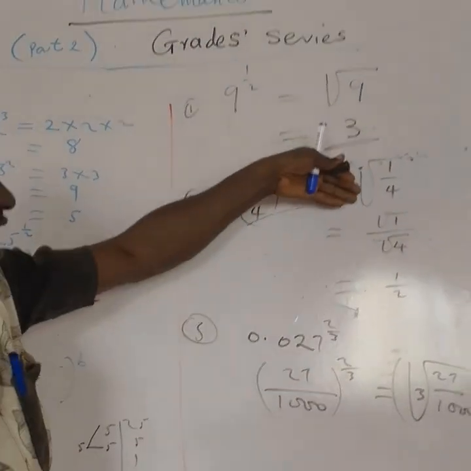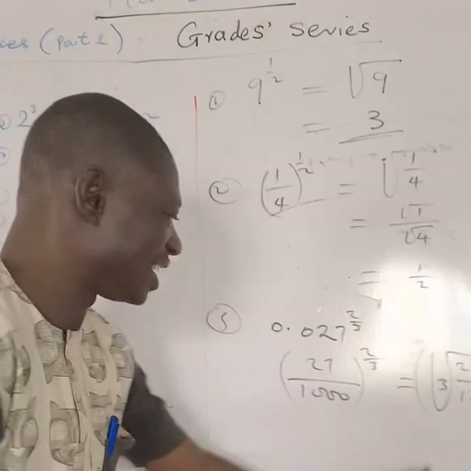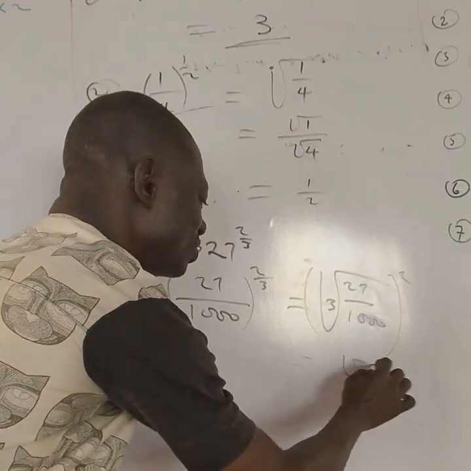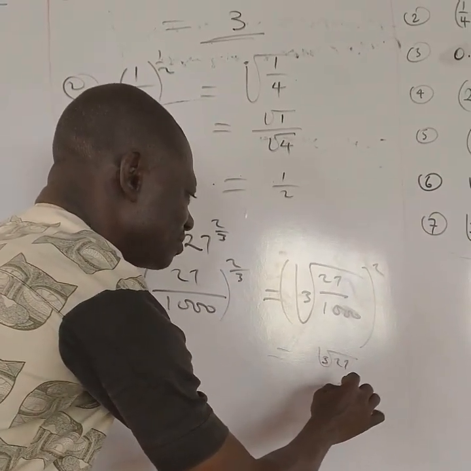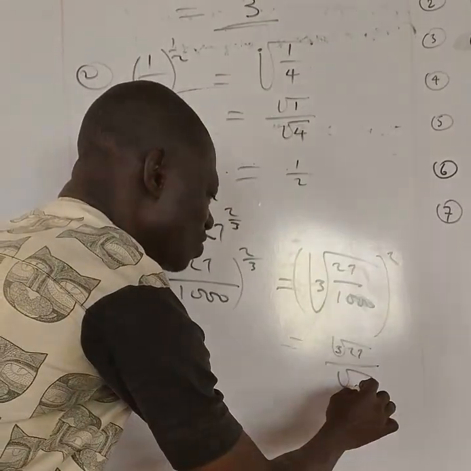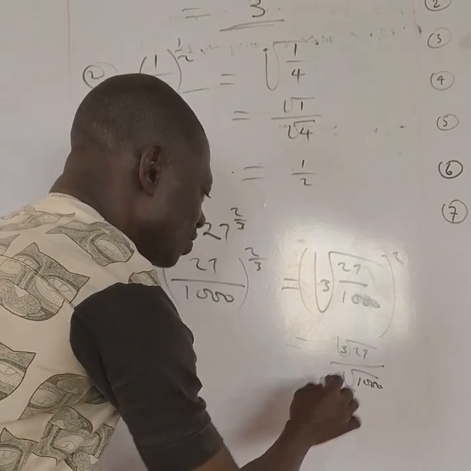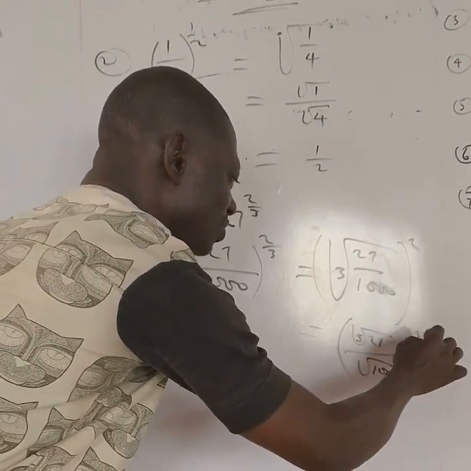Yes, just as we have done here, we're also going to do the same thing here and say that this is equal to cube root of 27 over cube root of 1000, all raised to the power 2.